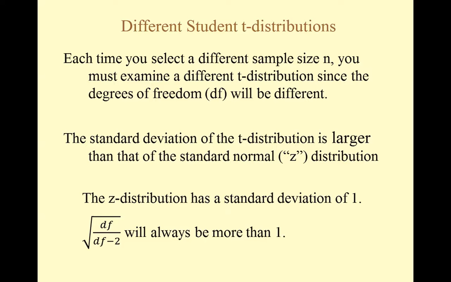The standard deviation of the t-distribution again is larger than that of the z or the standardized normal distribution. So keep that in mind. That's one of the differences between what we have done before, always using the normal distribution and being able to convert to the standard normal or the z-curve. Now we're going to have information for each different sample size.